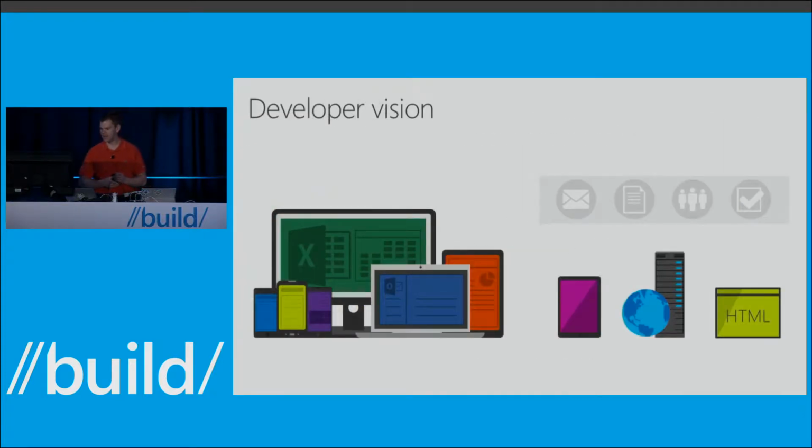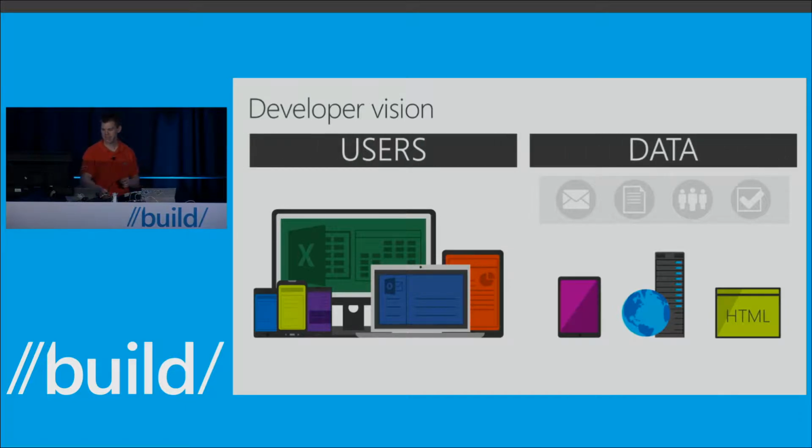From a developer vision, hopefully you guys have seen this slide or a variation of it. This is talking about what our vision is for developing applications with Office 365. We have two approaches. One is being able to extend the Office experience, and the other is taking Office and bringing it into my experience.